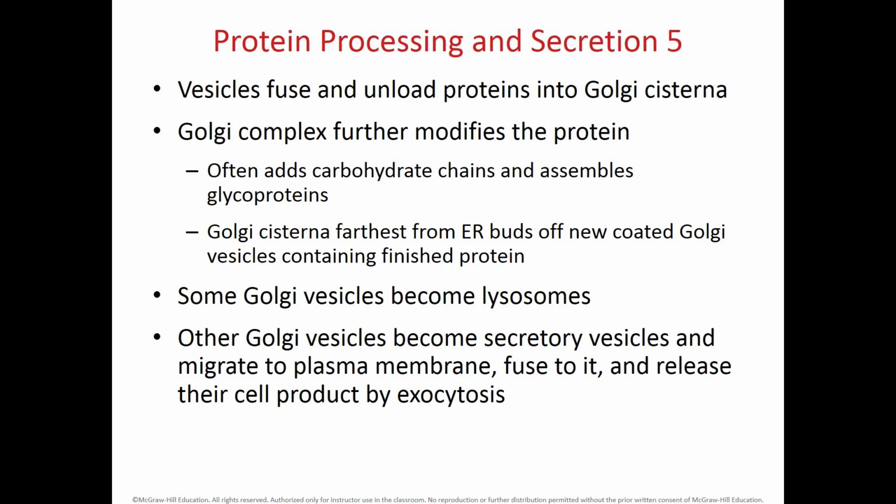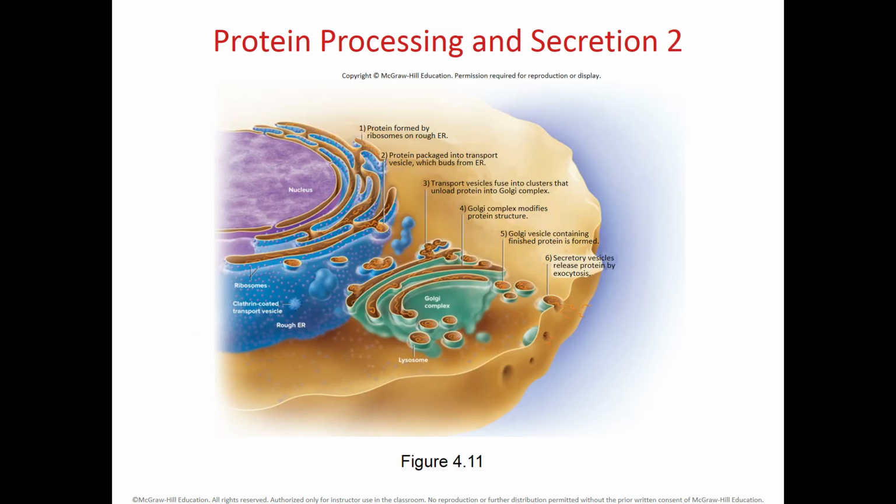Some Golgi vesicles will become lysosomes, and other ones will be secretory vesicles that go to the plasma membrane, fuse into it, and then are released from the cell through exocytosis. So this is how the proteins are processed.